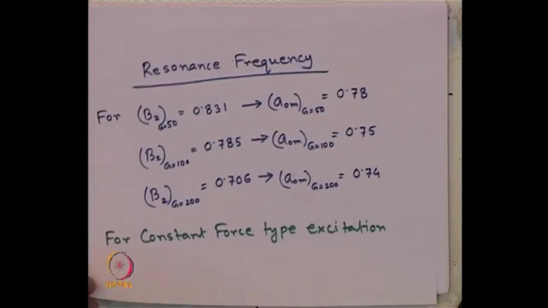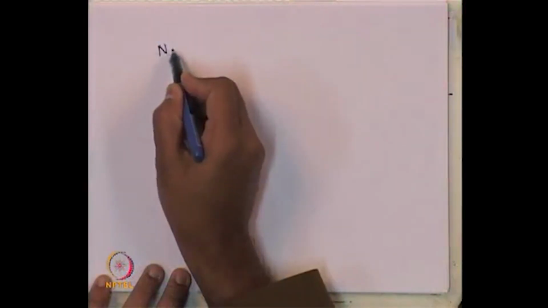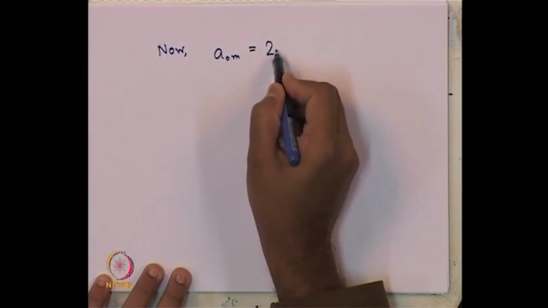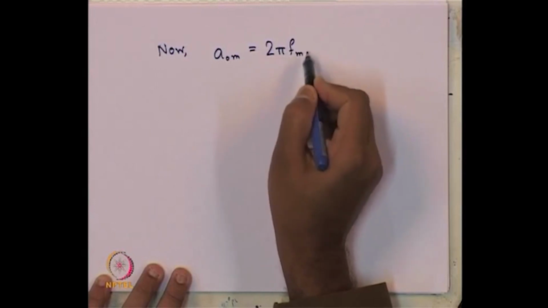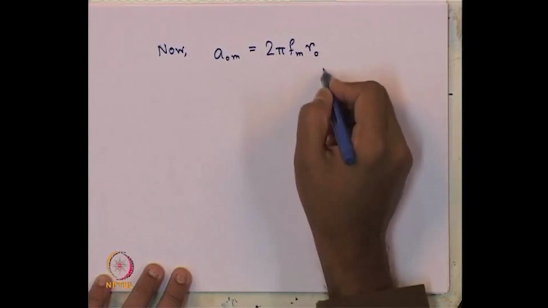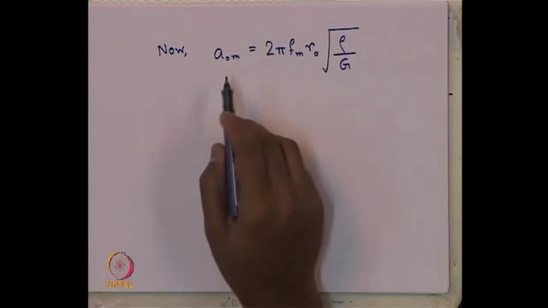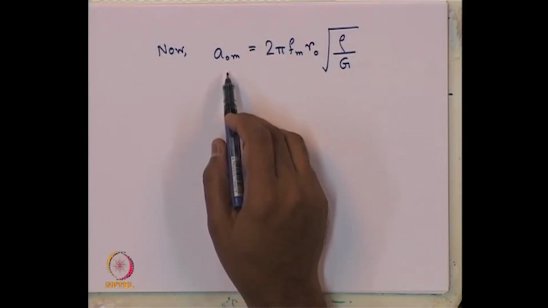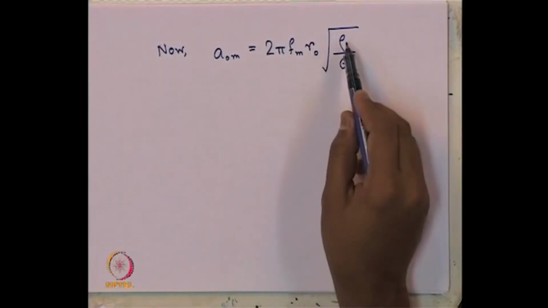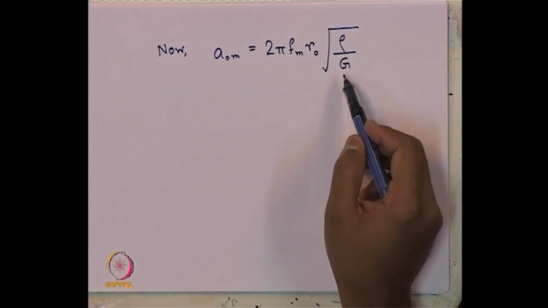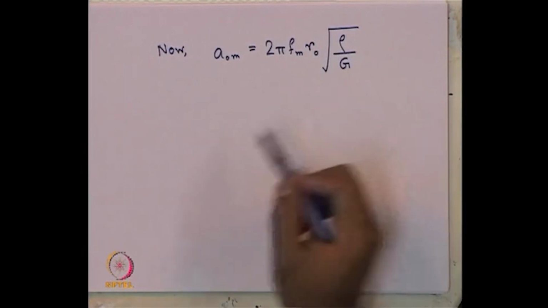Now, these are the values of A naught m, from which we are supposed to calculate the frequency in RPM unit. So, what are the resonant frequency now we can calculate? Now, this A naught m is written like this: 2 pi f m r naught root over rho by g. A naught m we already know from this design chart, r naught known, rho we have assumed, actually gamma we have assumed. So, take care of the unit properly, g also known for 3 different types of soil.